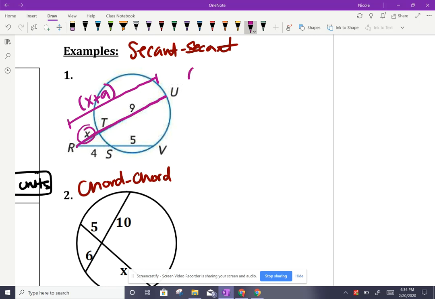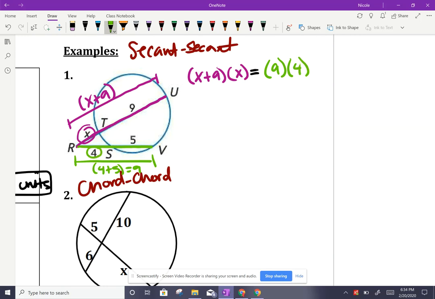So we're going to set this up as x plus 9, the whole, times the outside x, and that's going to be equal to the whole, 4 plus 5 is 9, times the outside, which is just 4.